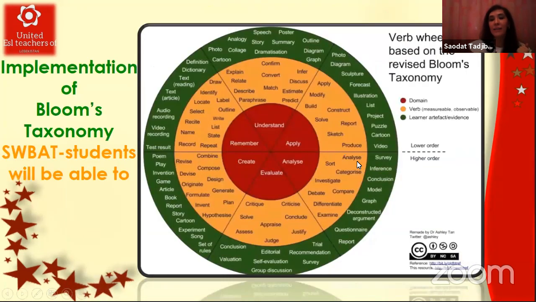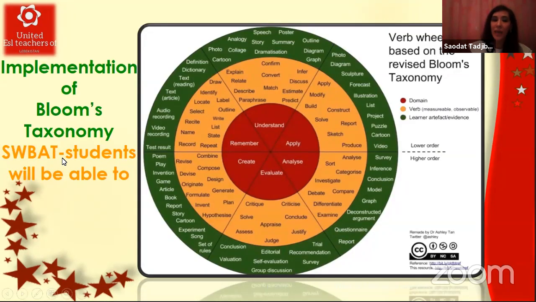Actually, there is a special wheel of verbs. Here you can understand Bloom's taxonomy more. So in implementation of Bloom's taxonomy, you should work with SWBAT. While you are designing your language and content objectives, you will begin with "students will be able to."